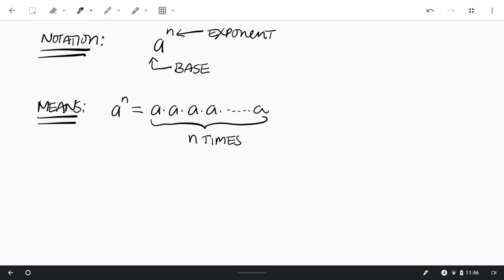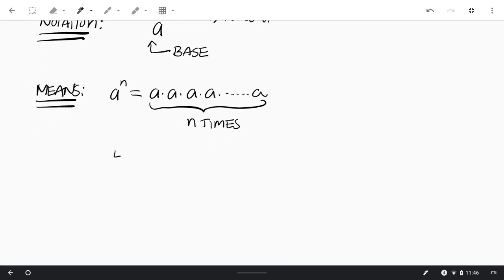Okay, so for example, if you have 2 to the 5th power, then this means 2 times 2 times 2 times 2 times 2. This does not mean 10. This does not mean 2 times 5.